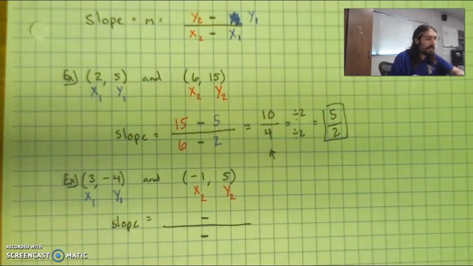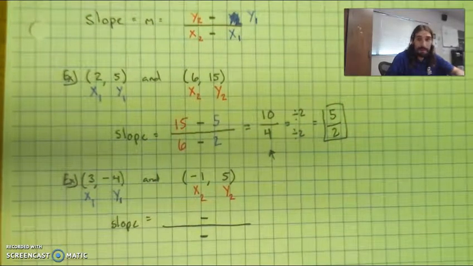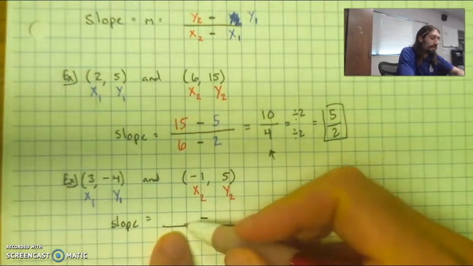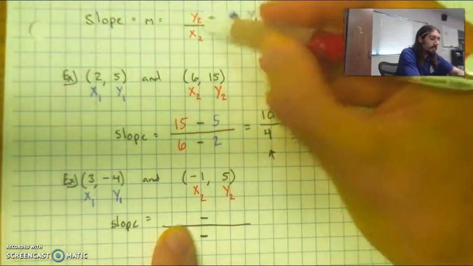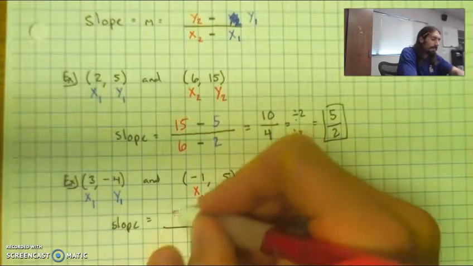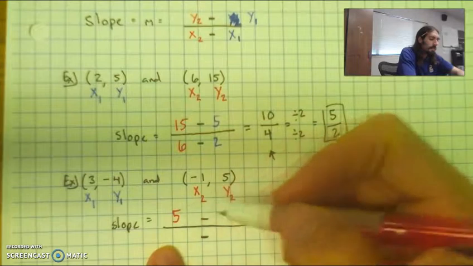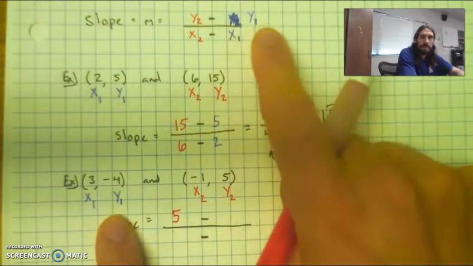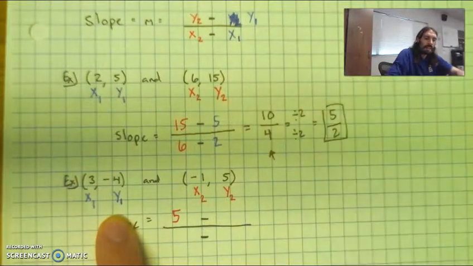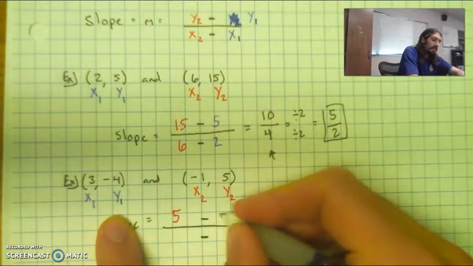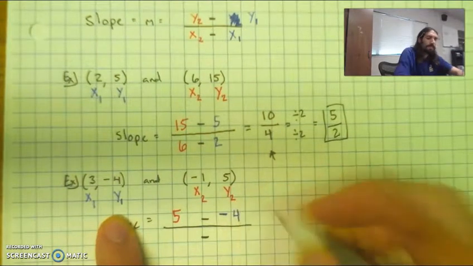I'm going to take those values right there, and now I'm going to plug them in. So starting off, we've got y2 is our first position, and y2 in our problem is this number 5. I then go over to y1, because y1 is the second value, and y1, keep the negative sign, will be a -4.